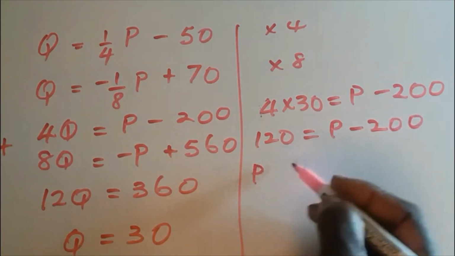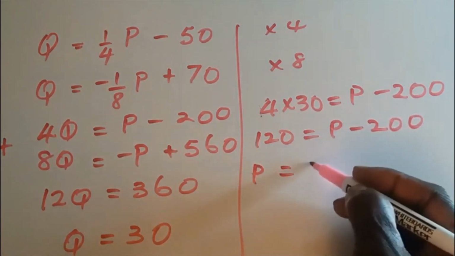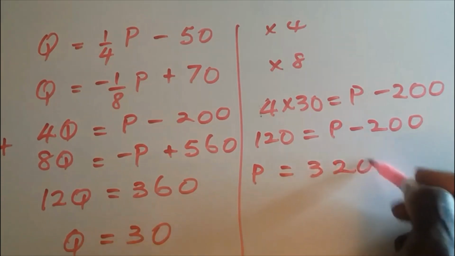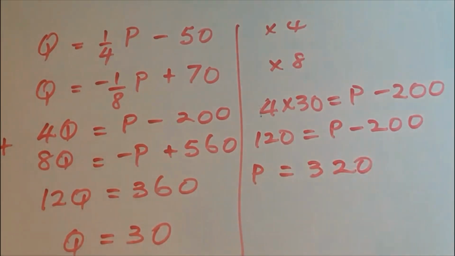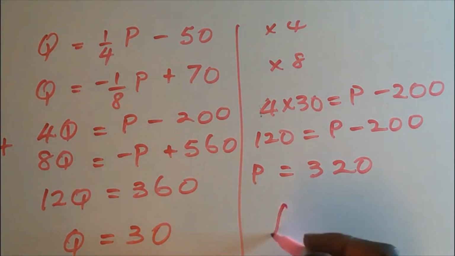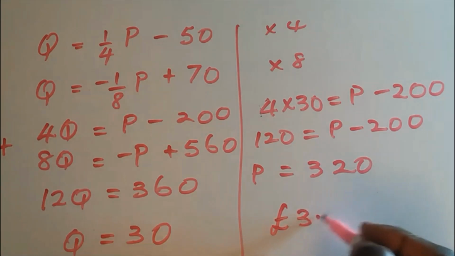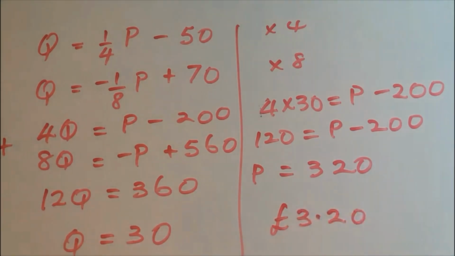So we have P is equal to 320. In terms of the problem, this is the price, £3.20 per unit. So the equilibrium price is £3.20 at the quantity of 30 units.